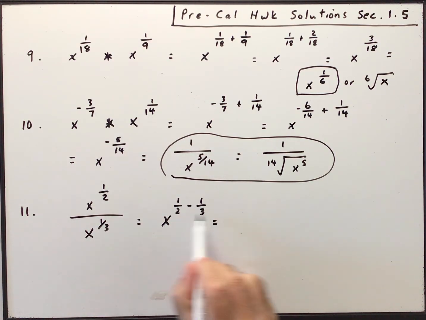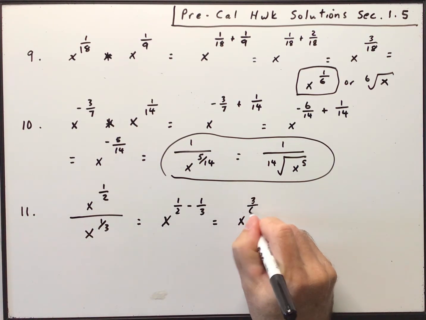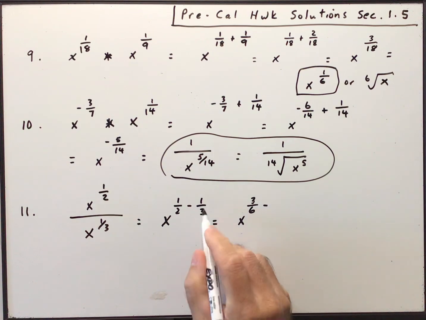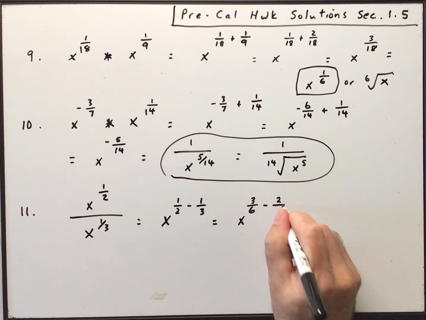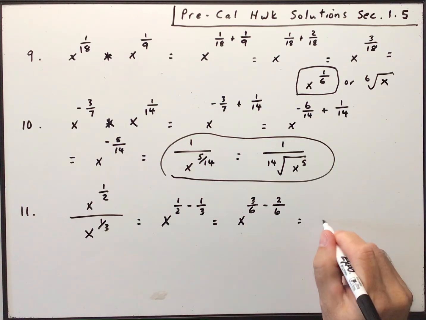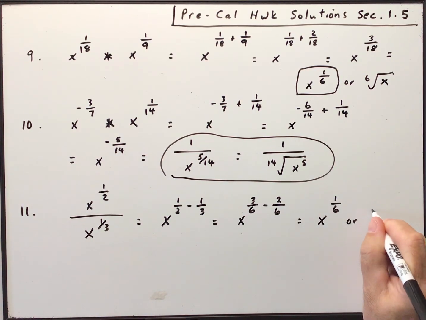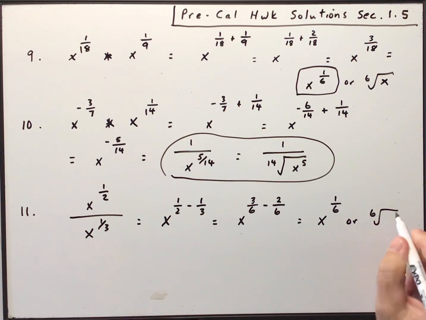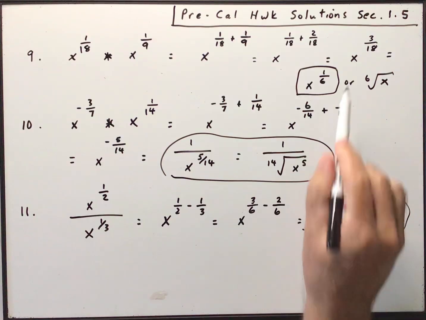The common denominator would be 6, right? So that's x to the 3/6 minus 2/6, multiplying that 1/3 by 2 over 2, which would be x to the 1/6, or the 6th root of x. All right, so we've already seen that answer before on number 9.